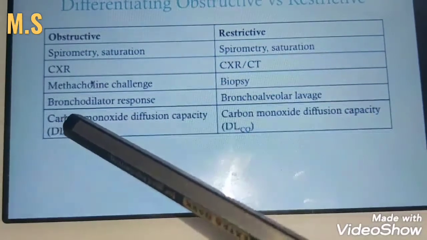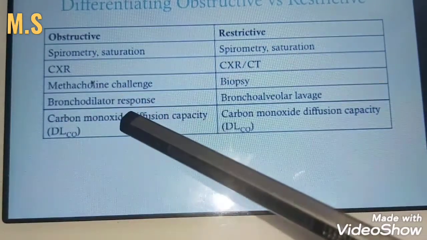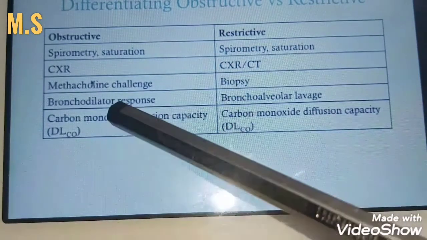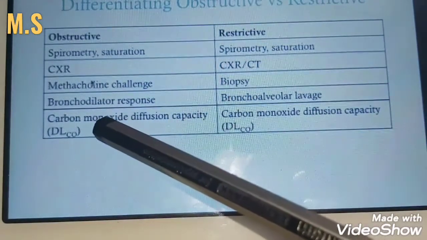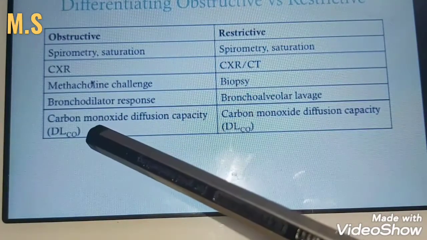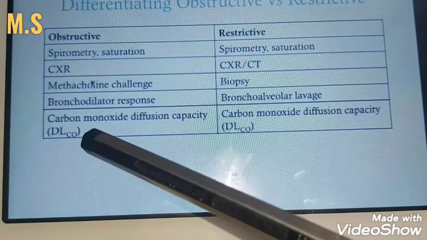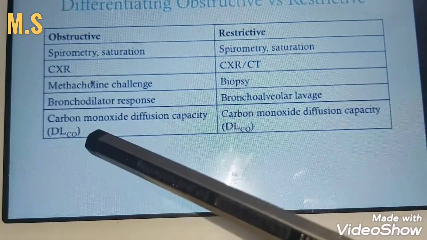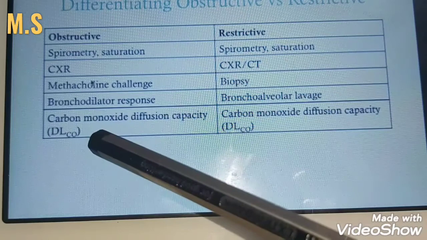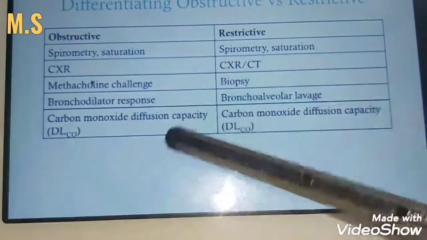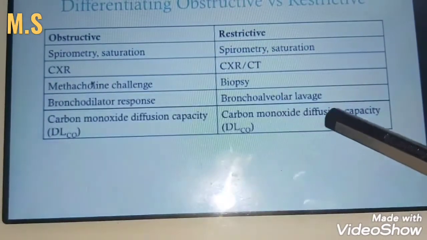And you have the bronchodilator response in obstructive diseases. You give the patient a bronchodilator, mainly the short-acting one, albuterol, and if the patient improves within 10 to 20 minutes, then it is obstructive disease. In restrictive disease, you do bronchoalveolar lavage.